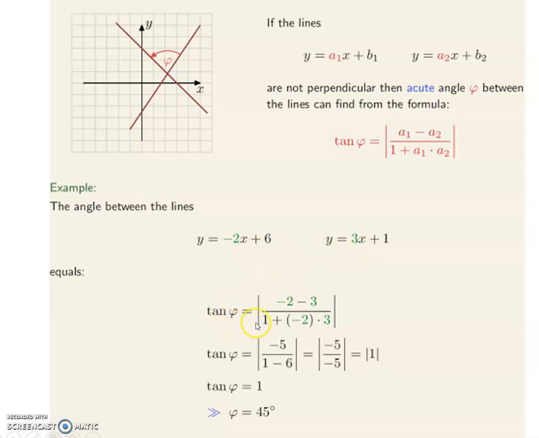Tan phi is equal to modulus of (minus 2 minus 3), that is a1 minus a2, upon 1 plus a1 into a2, that is minus 2 into 3. Minus 2 minus 3 is minus 5, upon 1 minus 6, which is minus 5. So minus 5 upon minus 5, the minus signs get cancelled. So the answer is 1. Tan phi is equal to 1. Therefore phi is equal to 45 degrees.